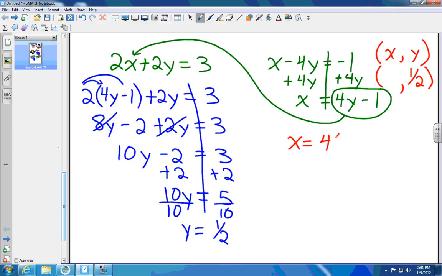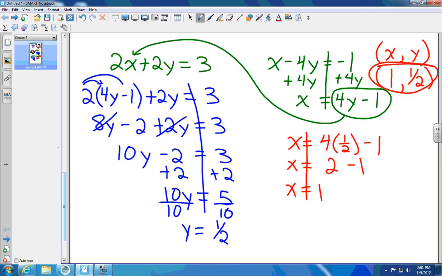X equals 4 times 1/2 minus 1. What's half of 4? 2. So what's x? Positive 1. The point 1, 1/2 is your answer for that problem.